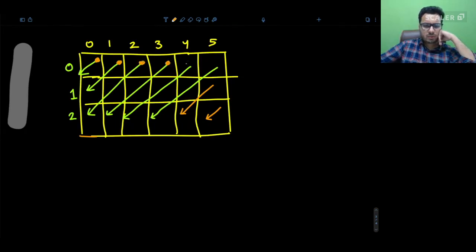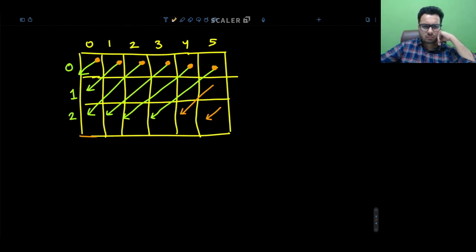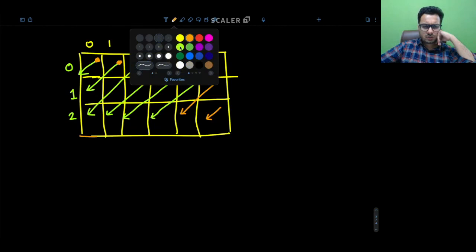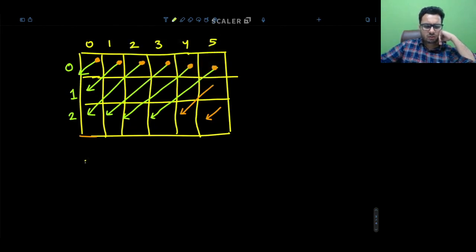Let's break this problem into two parts: the green set of diagonals and the orange set of diagonals. So can I say the green diagonals, they are starting from the 0th row and the 0th column.